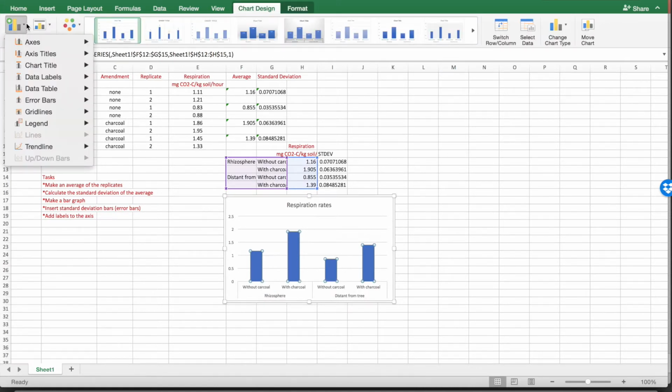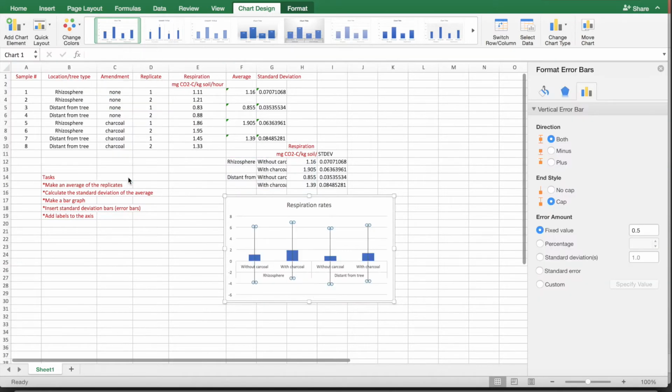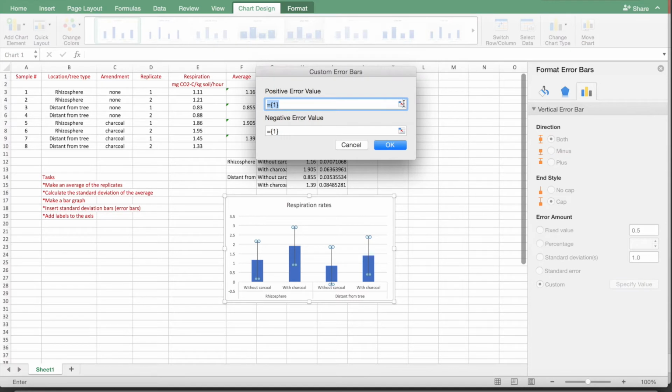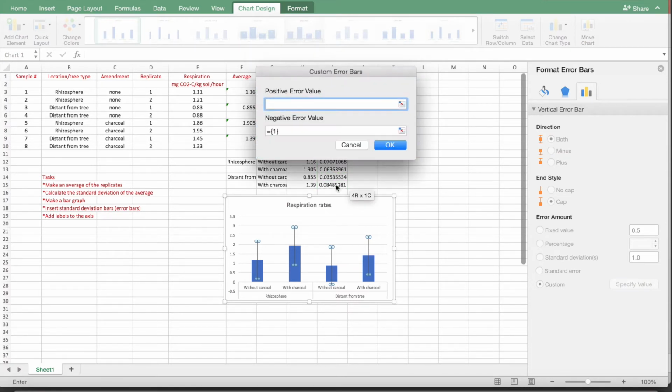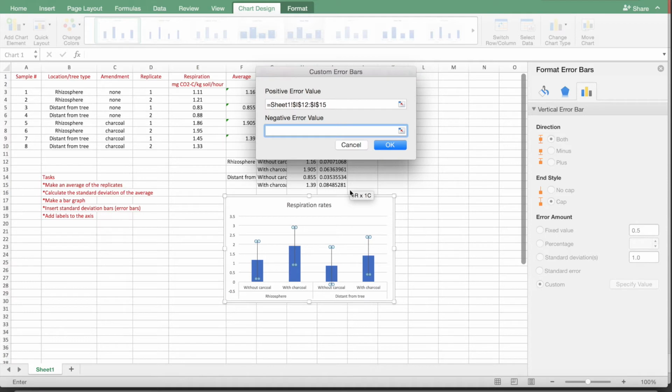So we go under Add Chart Elements, all the way to Error Bars, More Error Bar Options, and then we go under Custom. And then you customize it by selecting your error bar values. First you add the positive values, which go on the top of the bar, and then you choose the negative values, which goes under the mean values.